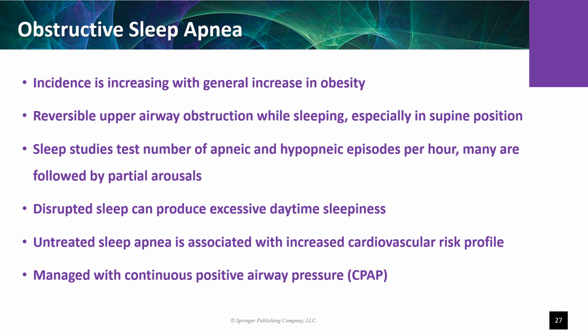Both of these cause blood oxygen levels to decline and carbon dioxide levels to rise, terminating in unconscious and unsuccessful respiratory efforts. A brief arousal and surge of sympathetic nervous system activity will occur before sleep resumes.